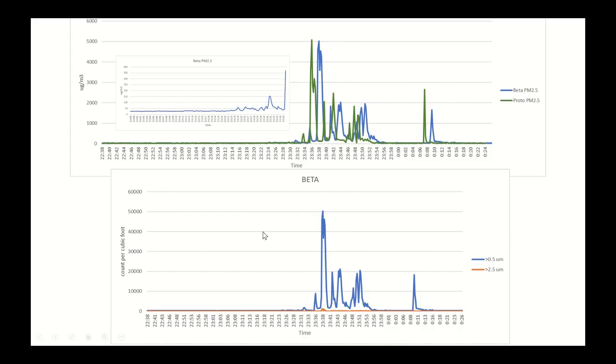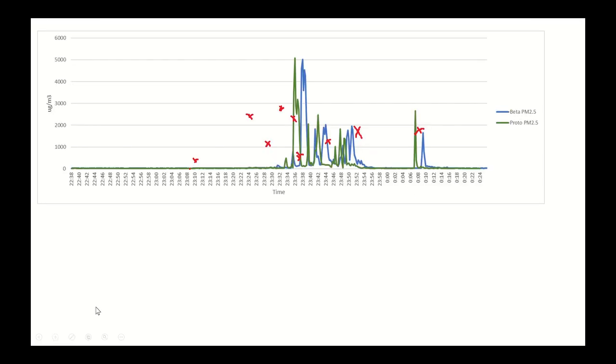Well, it says it doesn't see 0.3, so it's not surprising, and I did an illustration here. This is the 0.3 hits on the Fluke, and it's already been going off before we get anything registered on the Dylos PM2.5, PM10 meter. So there's more to investigate, but this is a fascinating start.